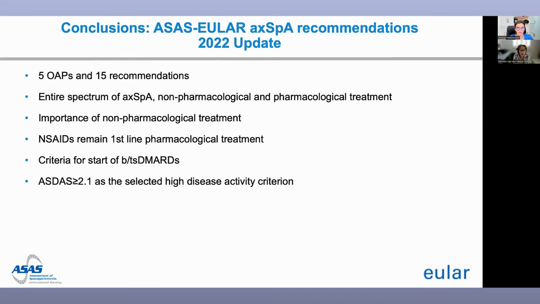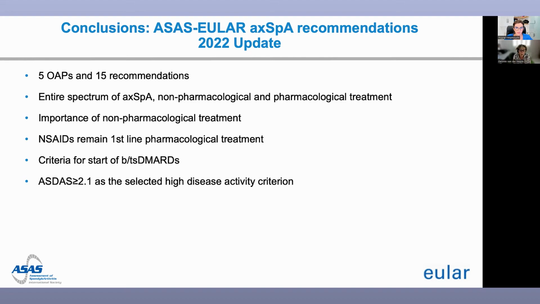In this update, we addressed the entire spectrum of axSpA, non-radiographic and radiographic, but also the non-pharmacological and the pharmacological treatment. And there is again importance of the non-pharmacological treatment, because we want to discuss a lot about pharmacological treatment, but still this is the cornerstone.